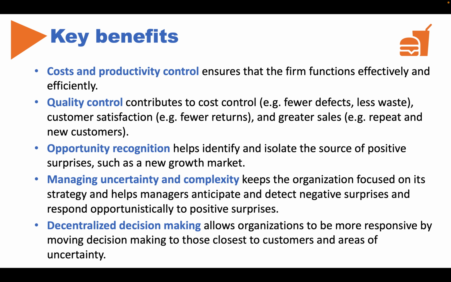When you have store level performance tracking or even maybe hourly tracking of sales and hamburger wrapping time, the performance within a specific store, McDonald's can give these store managers this information very quickly so that they can respond to local demand. This is decentralized decision making and is a key benefit of measurement.